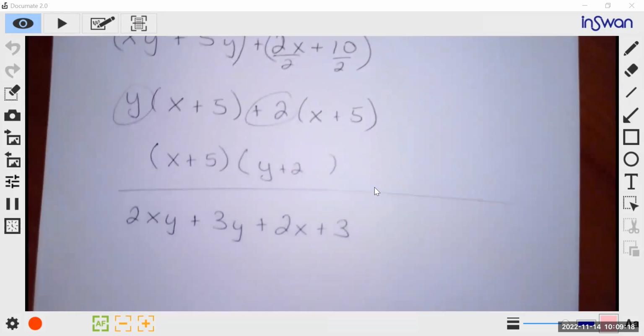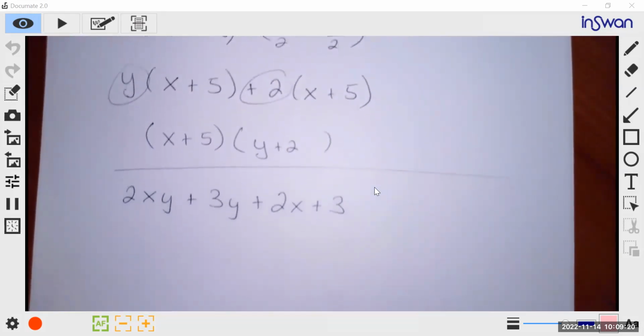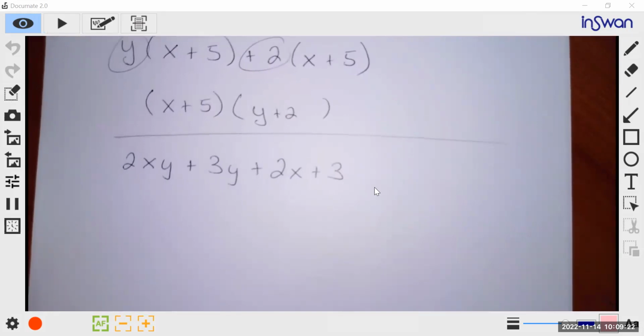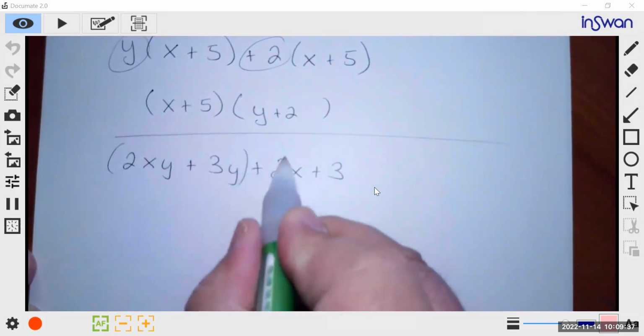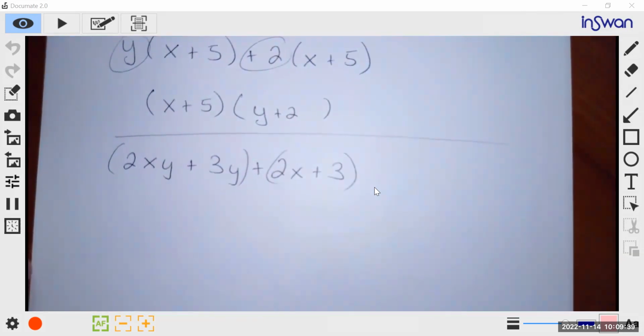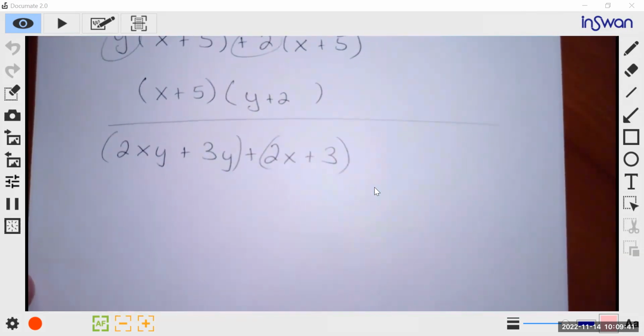How about this one? We have 4 terms, so let's just go ahead and try grouping. What can come out of the first term?